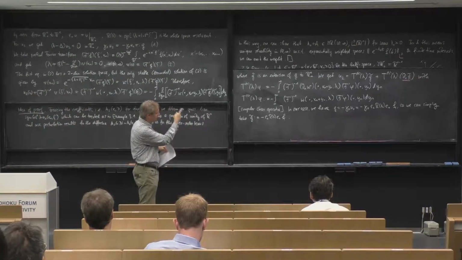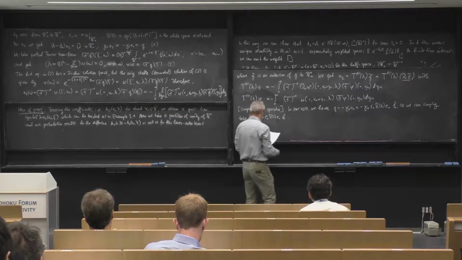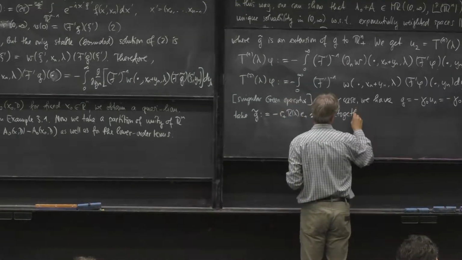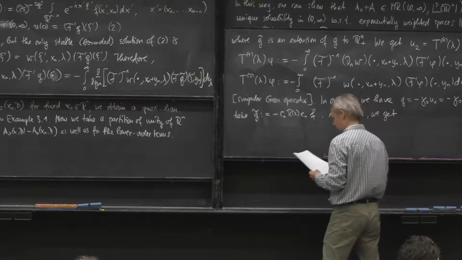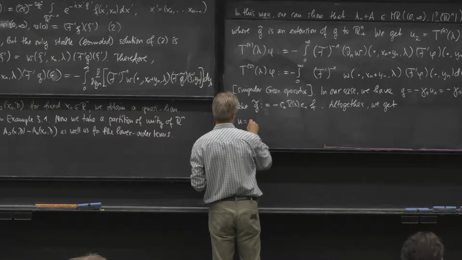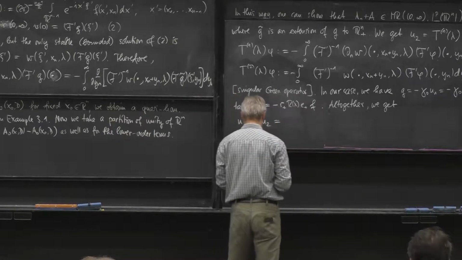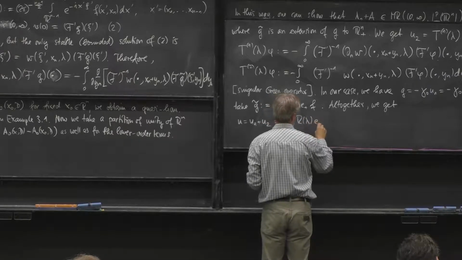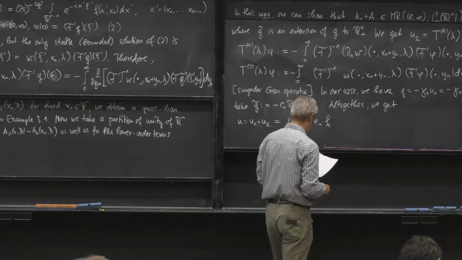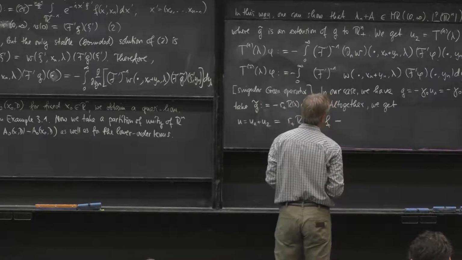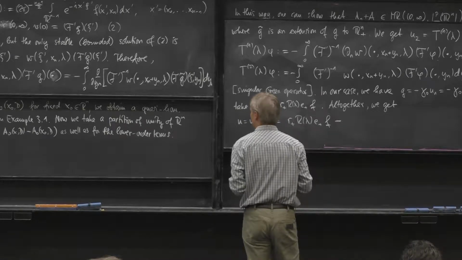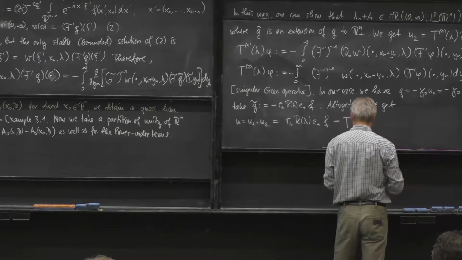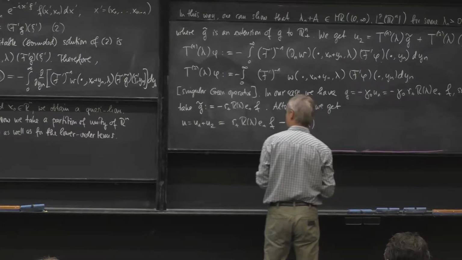Okay, and if I plug this into my solution formula, all together we get, my solution was u1 plus u2, where the first one was the whole space solution. And then I take my solution operators T1 of lambda applied to my g tilde.